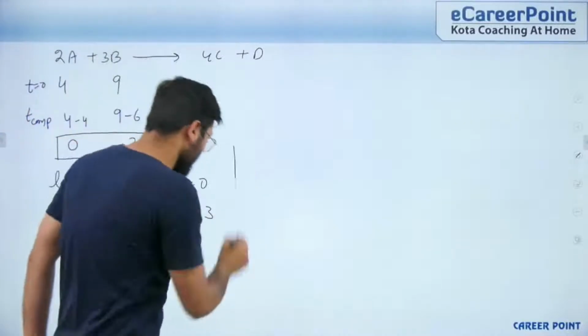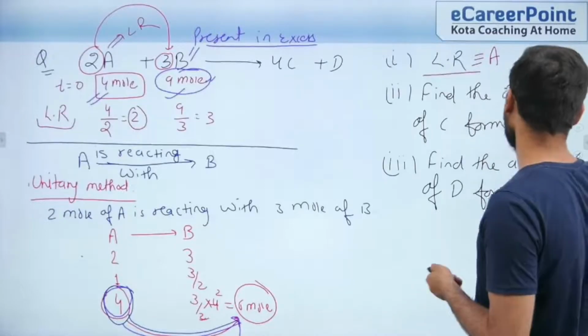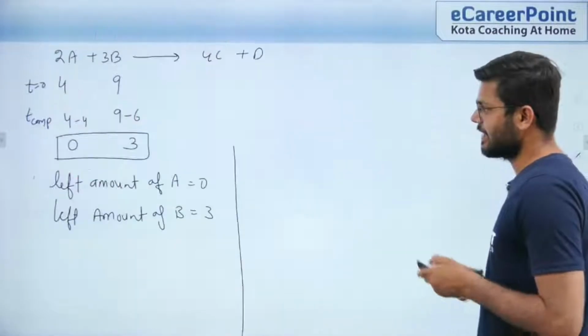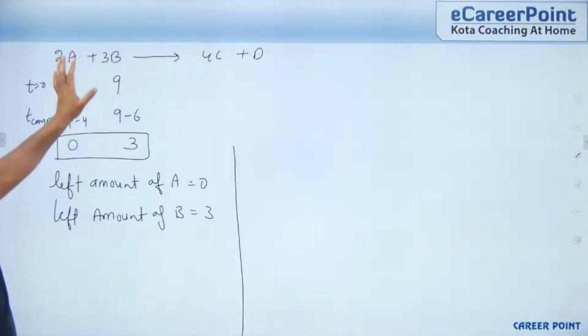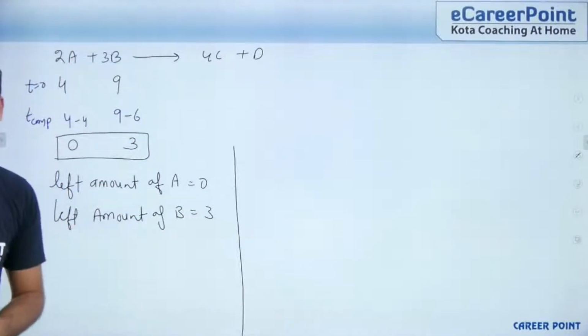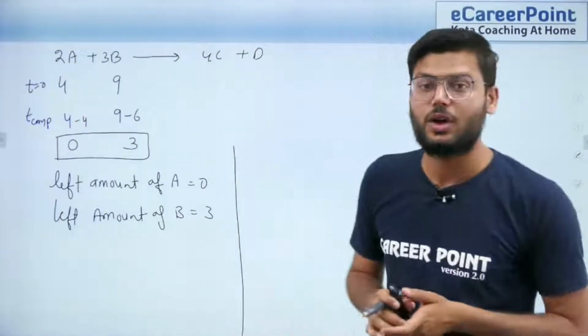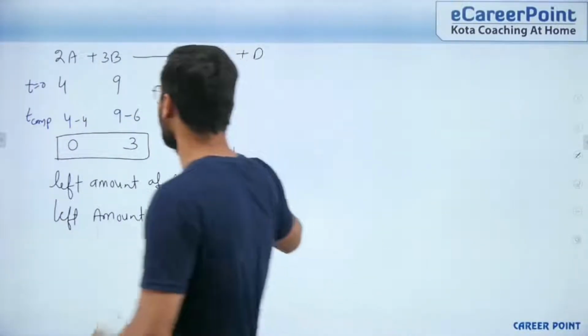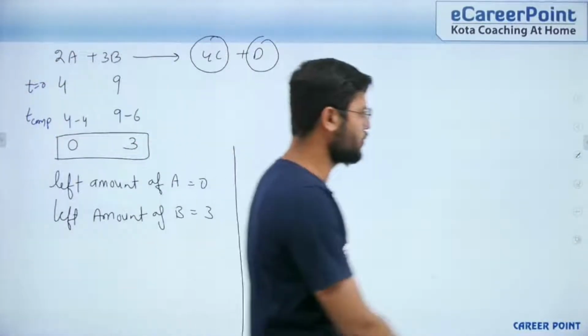Now we need to decide the product formation of C and D. Till this point we have understood how A and B are going to react. So now let's see, we want to make the formation of C and D. How are we going to form this?